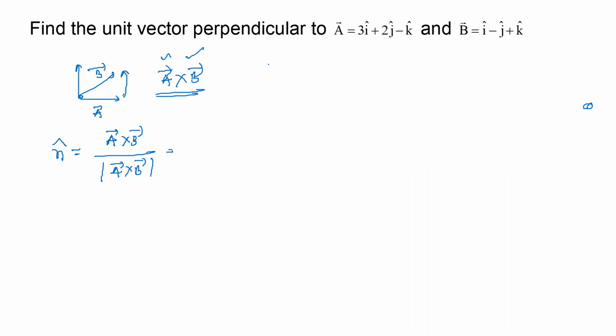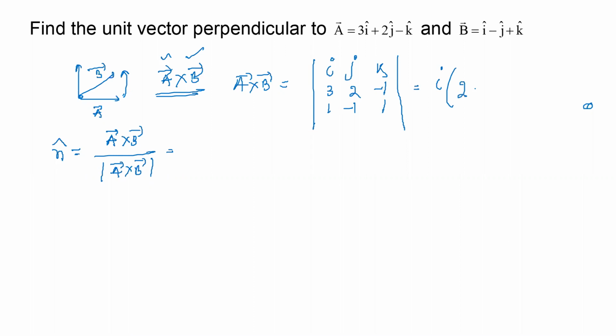If I find, students, A cross B, then what I have to do? Just simply write i cap, j cap, k cap; 3, 2, minus 1; 1, minus 1, 1. Here i cap into 2 into 1, 2, minus of minus, plus, again, that is 2 minus 1. Yes or no?